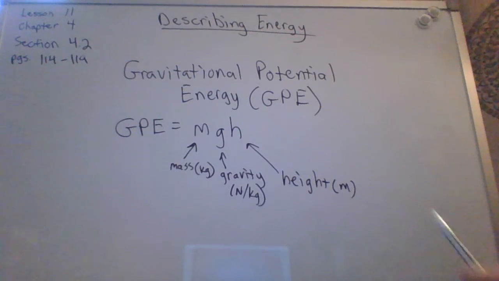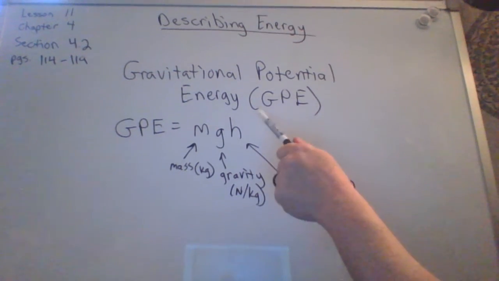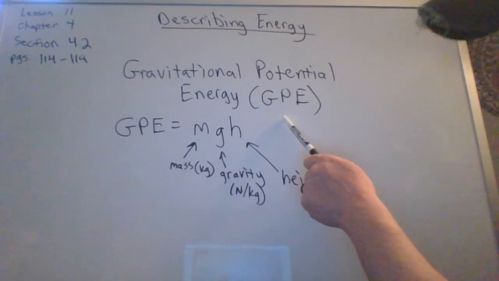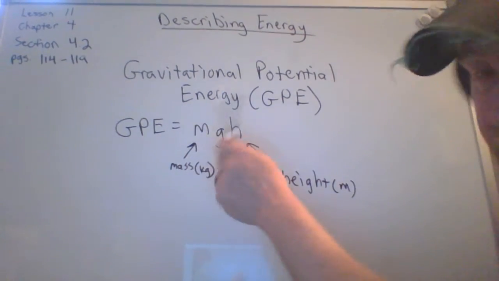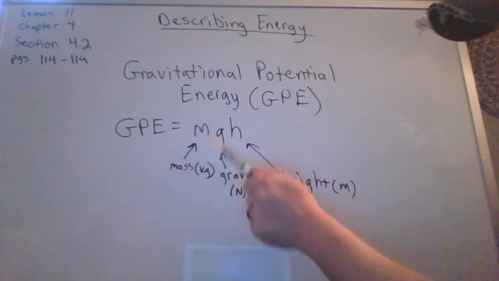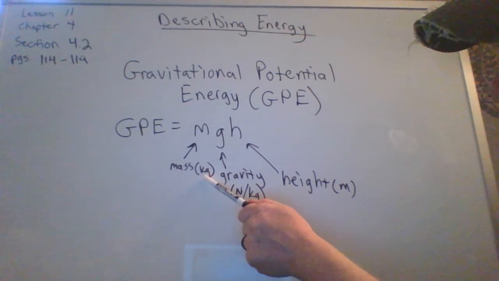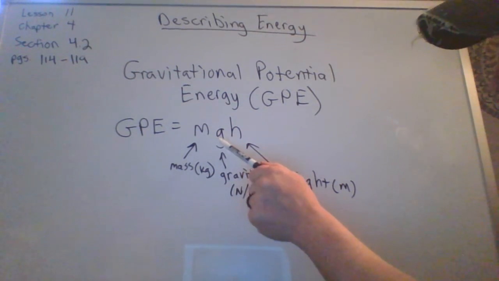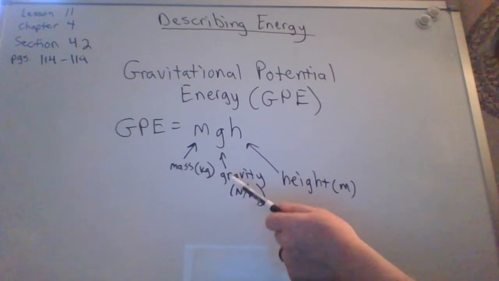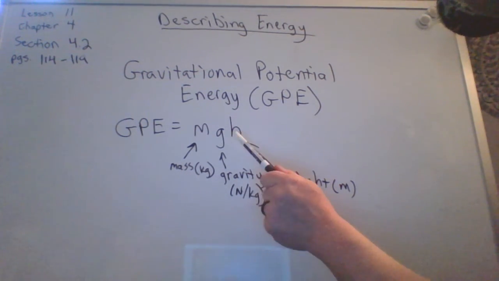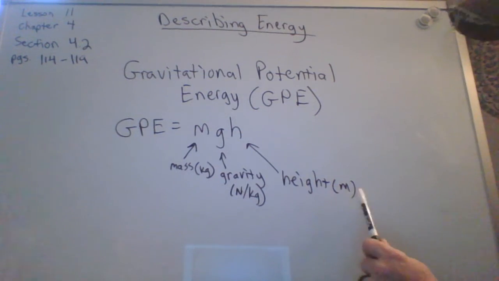Here is the equation for gravitational potential energy, which we abbreviate as GPE. GPE equals the mass of an object, notice I put the units in kilograms, multiplied by the gravity. Gravity is measured in newtons per kilogram. We'll talk about that when we do the example problem, times the height in meters.